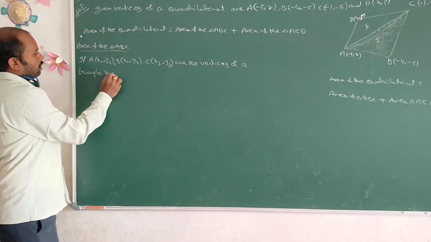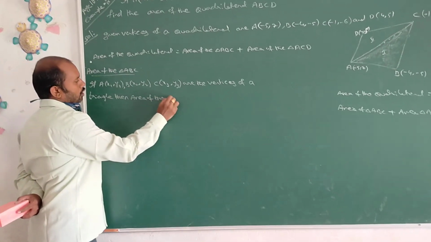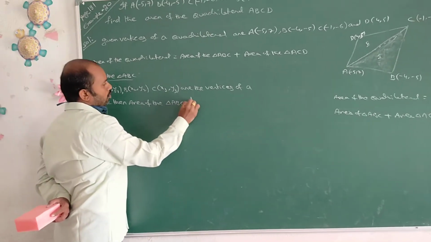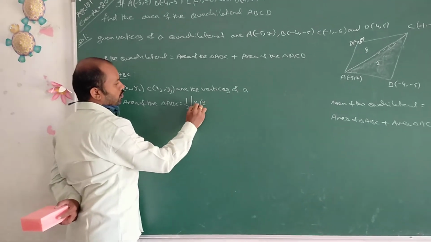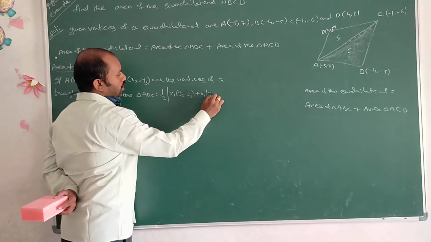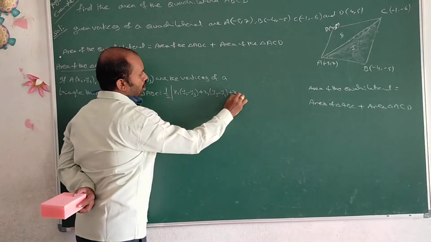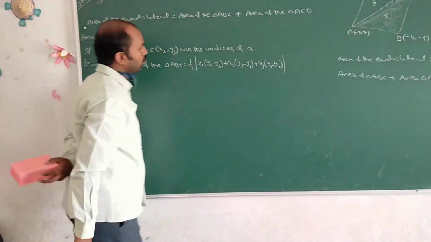Then area of the triangle ABC equal to half modulus of x1 into (y2 minus y3) plus x2 into (y3 minus y1) plus last term x3 into (y1 minus y2). This one modulus close.